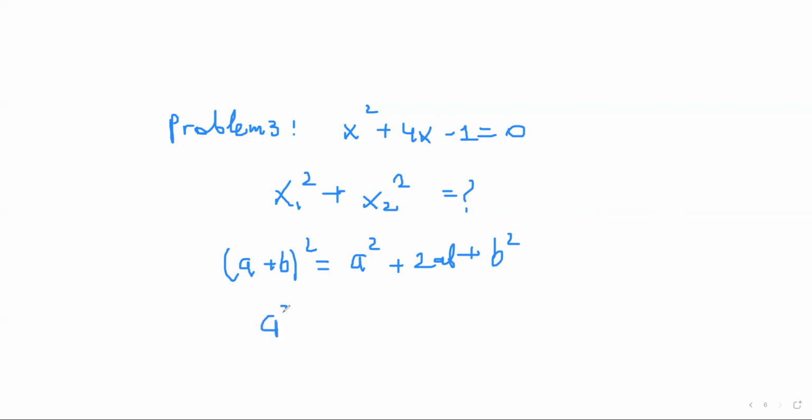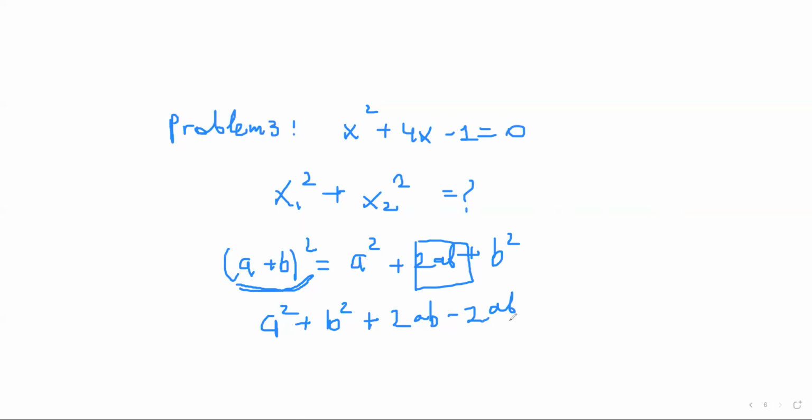So if we are given a squared plus b squared, to get the full complete square, we need to add this term. You see, a squared plus b squared plus 2ab. But also do not forget to subtract it, because adding non-zero elements can change the sum.